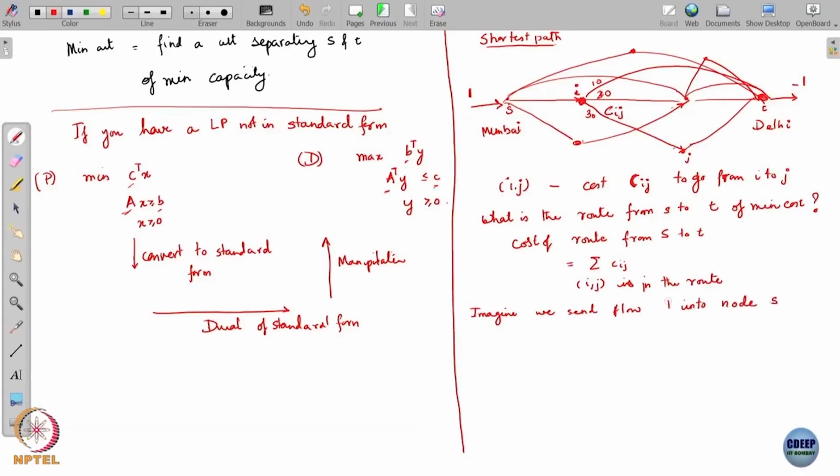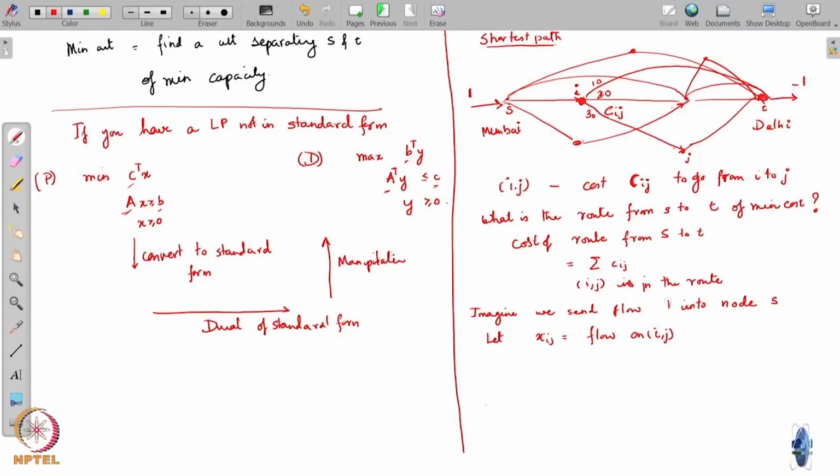So, you send a unit flow into node S, let x I j be the flow on link I j. Okay, x I j be the flow on link I j.